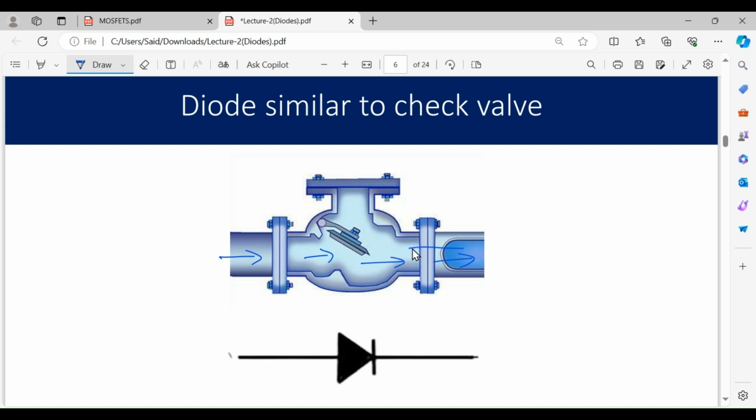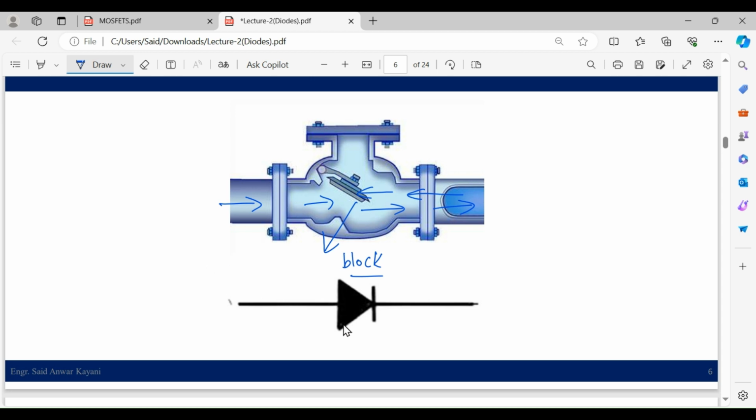If water is in this direction, then this check valve will block the flow of water. Just like that, in our diode, current flows only in forward bias. In this direction, current will flow, and in the opposite direction, it will block the current.